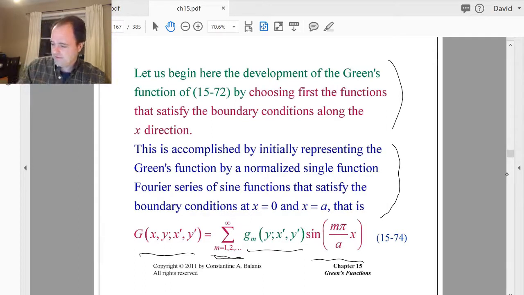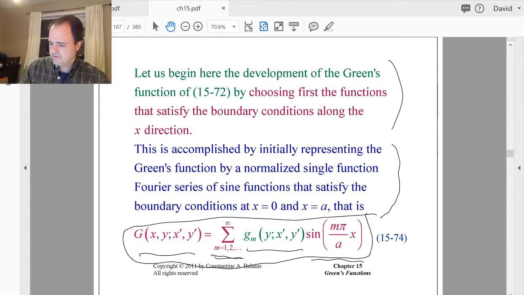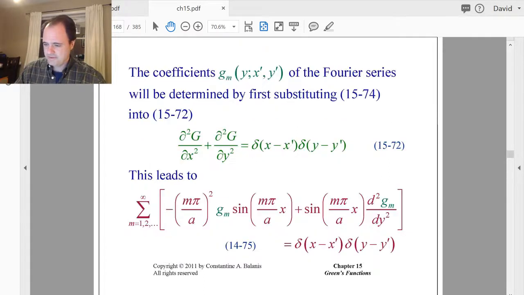We are indeed, right now, at the very beginning, saying g is going to be a linear combination of these sine functions, a series. But once we're done with that, we're going to go fully to the closed form recipe for solving for Green's function. All right? So just bear with me for a second.